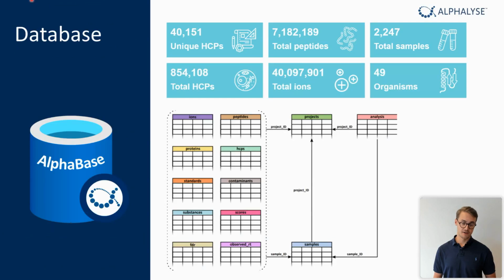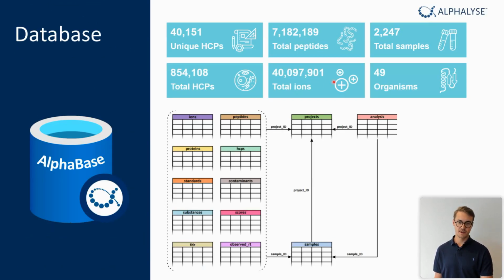Not only does it contain the HCPs, but it also contains contaminants and standard proteins, and all of this is on the protein, peptide, all the way back to the ion level, and also all the way back to the raw data. So it's a huge database with a lot of potential, a lot of data, and it's structured in a way where we can ask all of these questions to it.